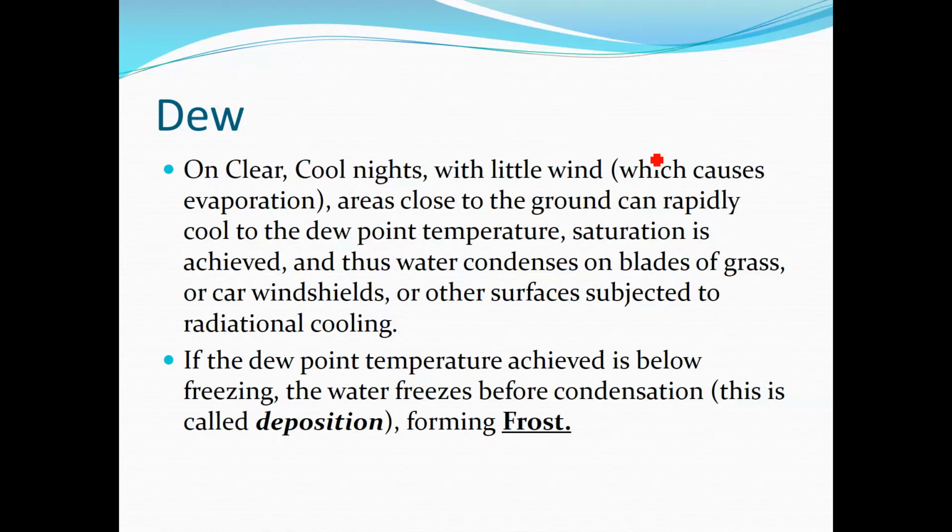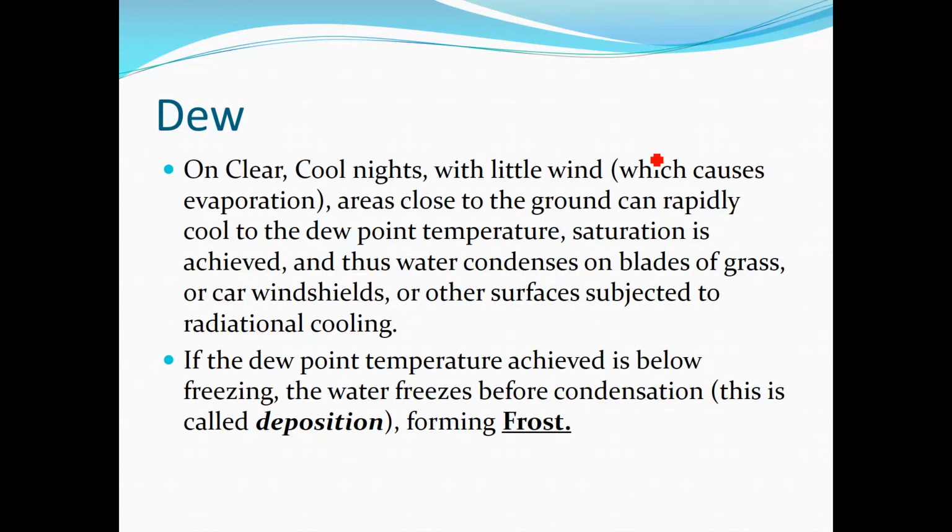Now, if you recall from last week's module on air temperature, near the surface of the Earth, the air can become much colder than just a few meters above it. As a result, surfaces near the ground, such as grass, vegetation, or even your car, can lose a lot more heat than the surrounding air. Therefore, they become much colder and oftentimes reach saturation.